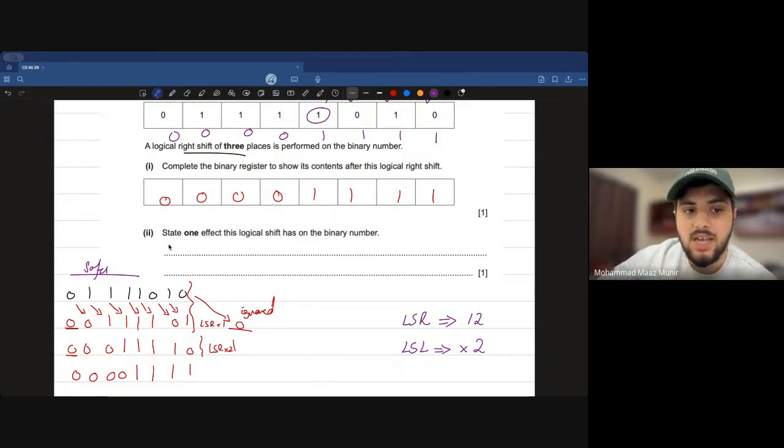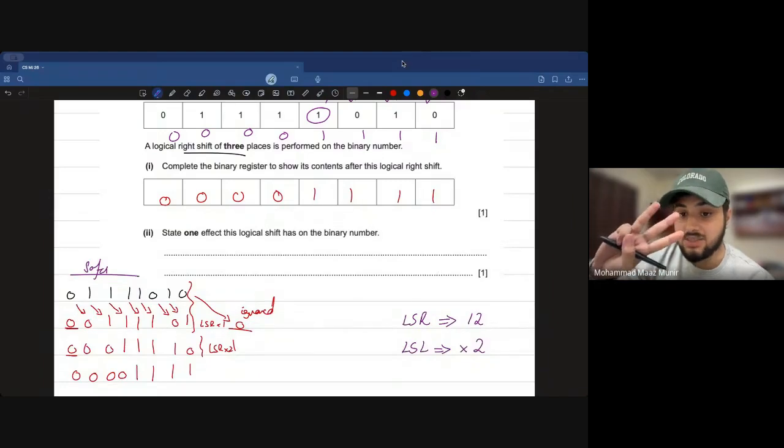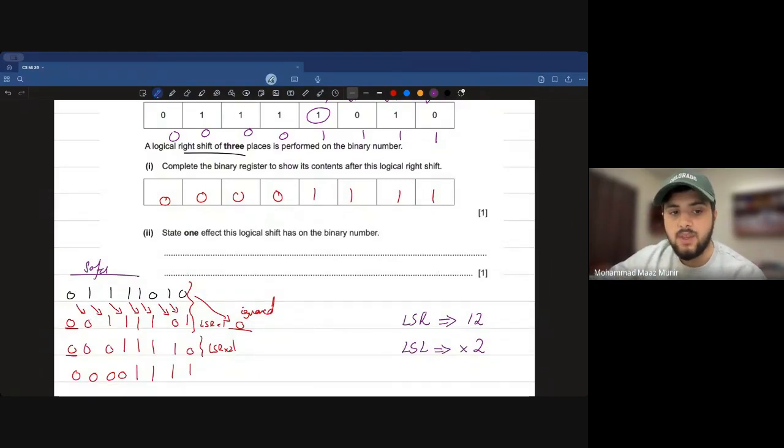So the same point is asked up here, that you need to give us one effect this logical shift has on the binary number. Because we are aware that the shift has been done in the rightward direction 3 times, this means the value we had was getting divided by 2 once, then again divided by 2, and then again divided by 2. So if I have to write this in words, I can say that the value got divided by 8.